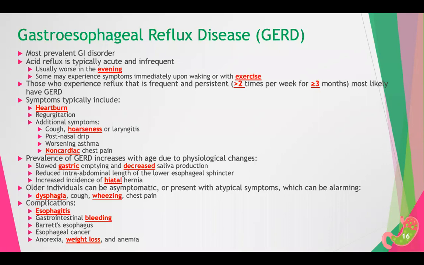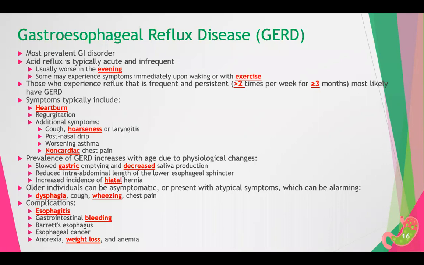Symptoms include heartburn and food regurgitation, so they will have the regurgitation of stomach contents into the esophagus. Some additional symptoms can be cough, hoarseness, or laryngitis. They could experience postnasal drip, worsening of asthma, and even non-cardiac chest pain. The prevalence of GERD increases with age due to certain physiological changes.